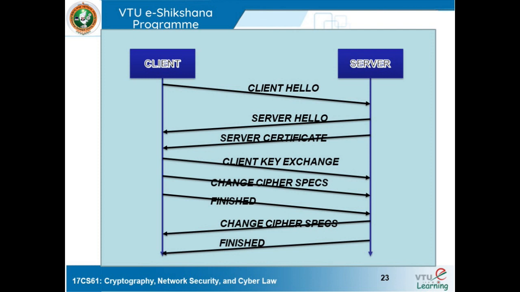The second message in this 4th step is the finished message. This message will include a keyed hash on the concatenation of all the messages that were exchanged previously, along with a predefined constant. This keyed hash will help in checking the integrity of the messages that were previously exchanged between the client and the server.